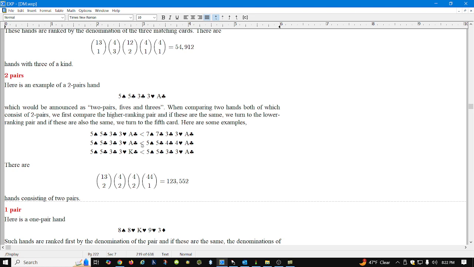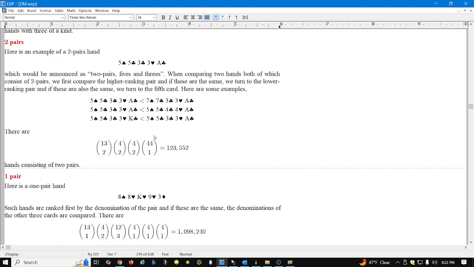So here are some examples of the rankings. You know, the rankings are not important to counting the number of hands, but I thought you might want to know anyway.